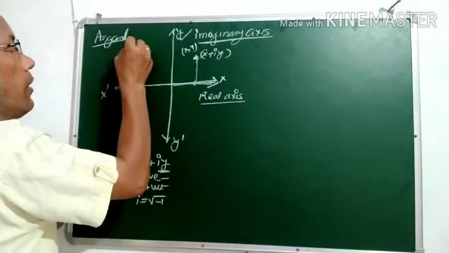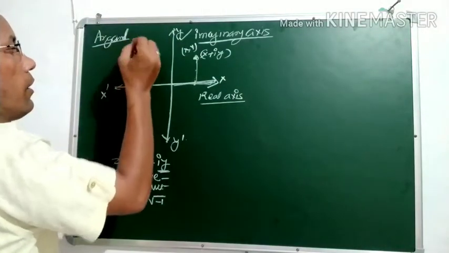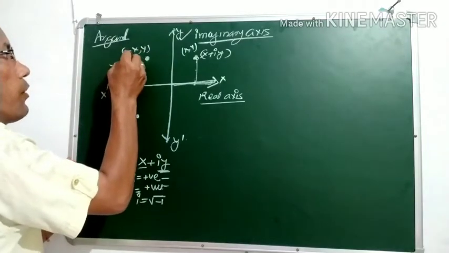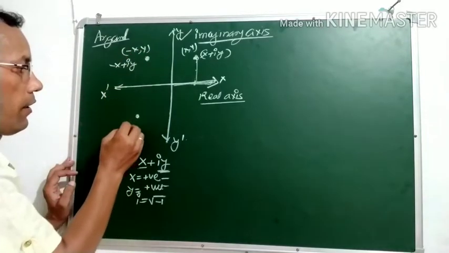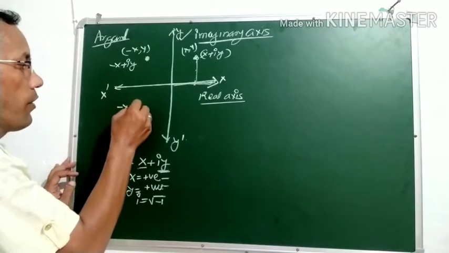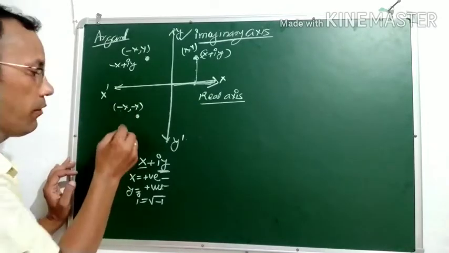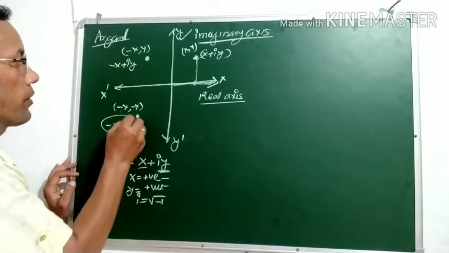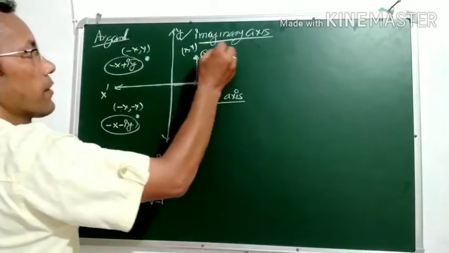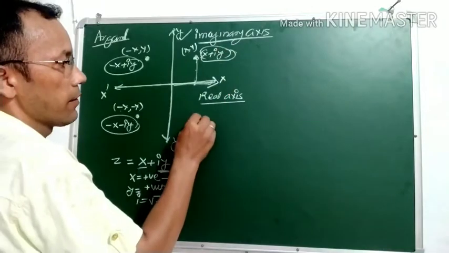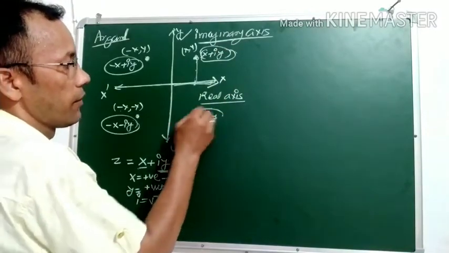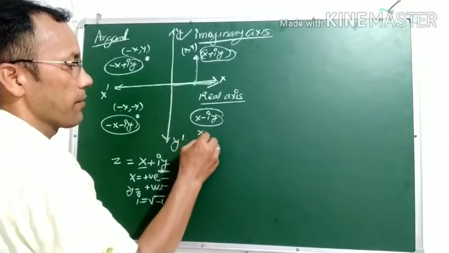Like this is minus x, y, and this complex number will be minus x plus iota y, and here this is minus x, minus y, both are negative, that means minus x minus iota y. This is the complex number here, and here this is x minus iota y, that means x minus iota y.